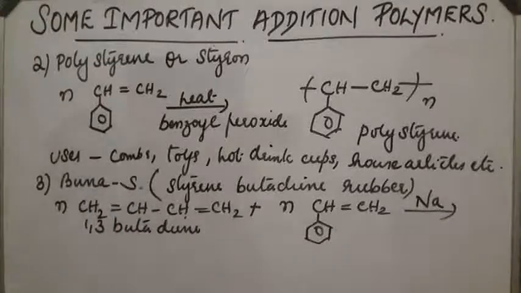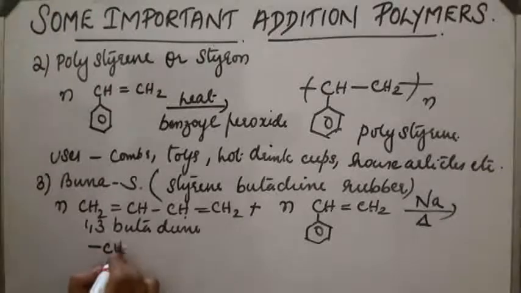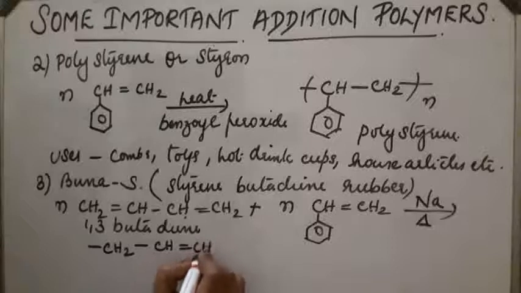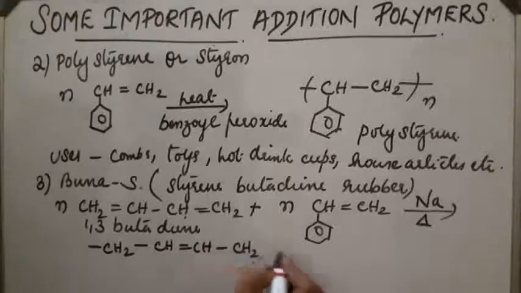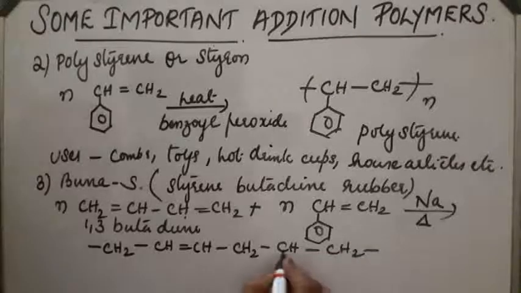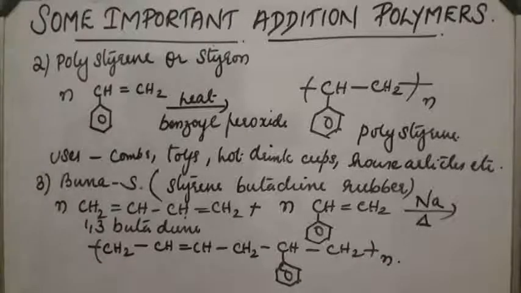It polymerizes and forms Buna-S. CH2, this bond breaks and shifts towards here. Then CH2, then CH, CH2, C6H5 ring, n times. This is Buna-S.